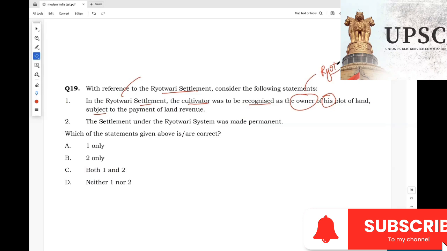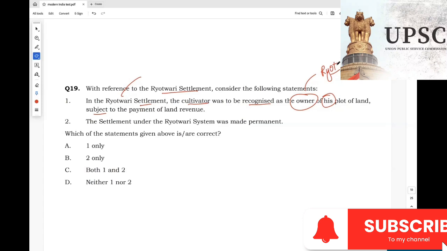So Raiyat in the Raiyatwadi is same as the Zamindar in Zamindari. Who owns the land, right? Or who is responsible for the collection of the revenue. That's how the system was actually named. If Zamindar is responsible for the payment of land revenues, obviously it is Zamindari system. If it is the Raiyat, the farmer who collects the revenue and pays to the British, it is Raiyatwadi.